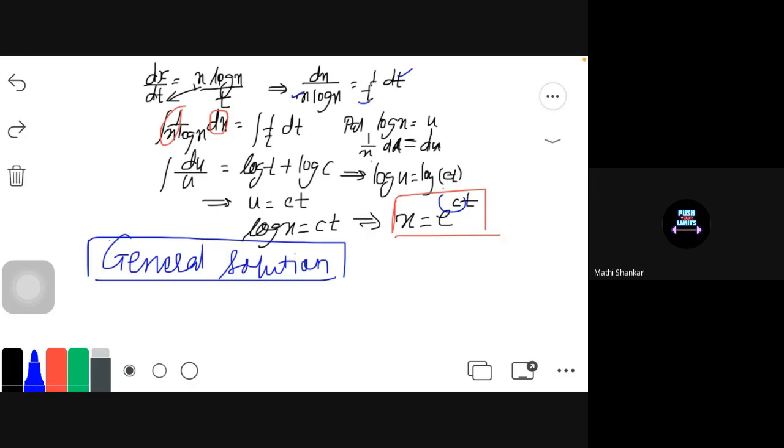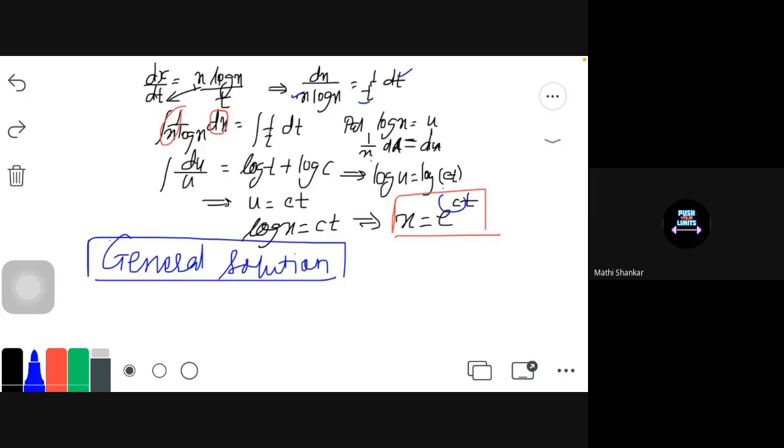If you are finding out the value of C, you will require some combination of the given variables, in this case x and t. When say t is equal to 0, x is equal to something. In the previous case, y and x were the variables. So there also you require some value of x and y so that you can find out the value of c.